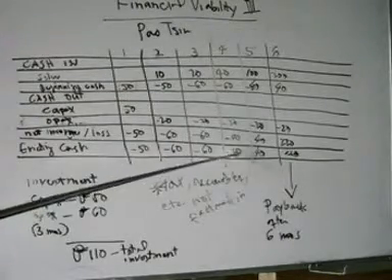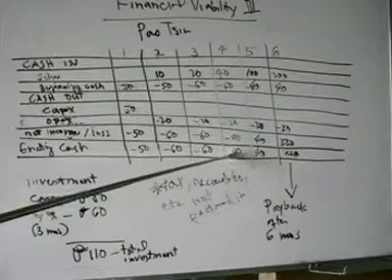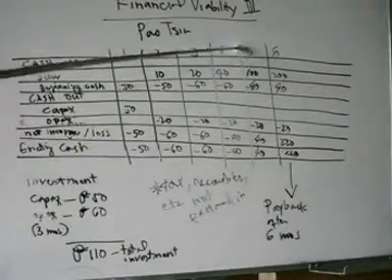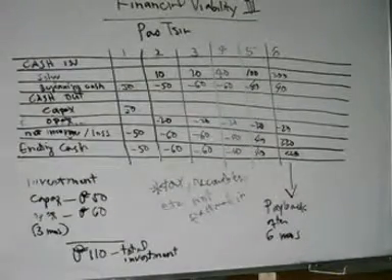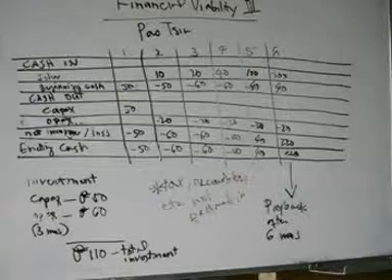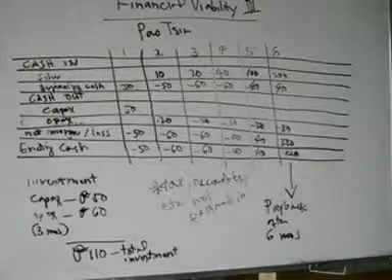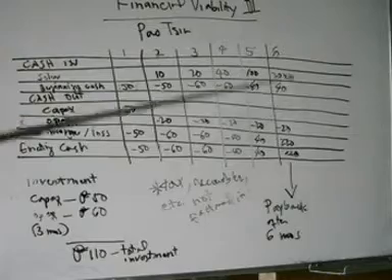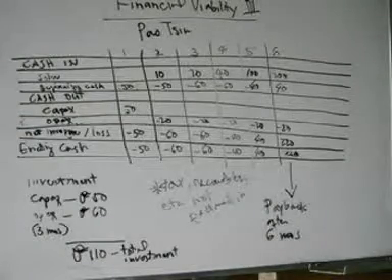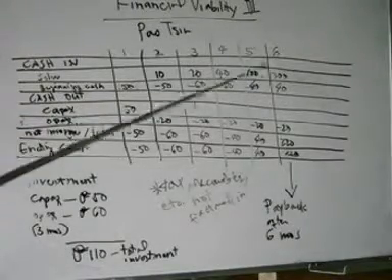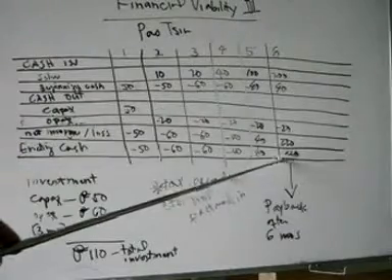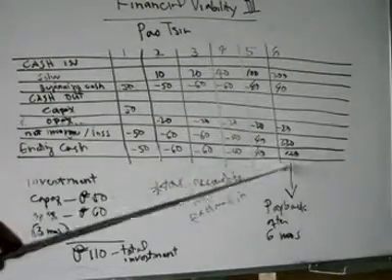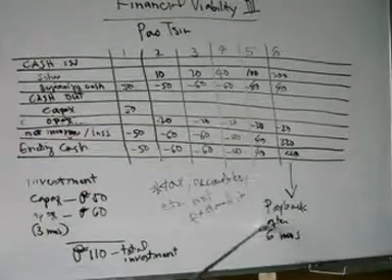Your ending cash is still at negative 40, but at least it has decreased over time. But it is only in the 5th month where the cash flow starts to become positive when you make 100,000 in sales. And then in the 6th month, you have what is known as the payback period.